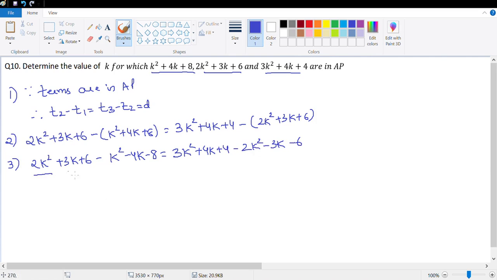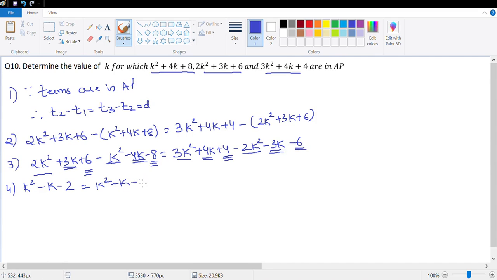So 2k square minus k square, that gives me k square. 3k minus 4k, that gives me negative k, and plus 6 minus 8 gives me minus 2. And on the right hand side, I have 3k square minus 2k square, that's k square. 4k minus 3k, that's minus k. And 4 minus 6, that's negative 2.